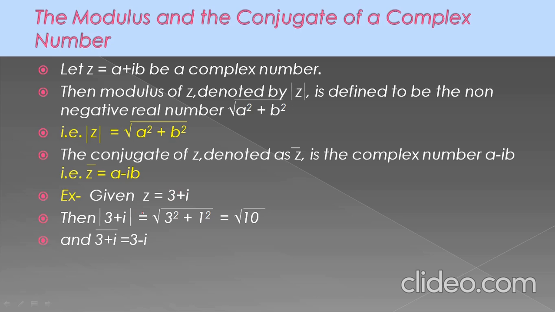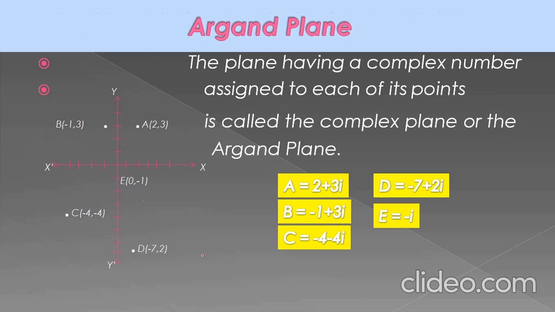So mod of 3 plus iota will become under root 3 square plus 1 square, that will be equal to 9 plus 1, that is square root 10. And the conjugate of 3 plus iota will become 3 minus iota. In place of iota, we will put minus iota. So this is the modulus and conjugate of a complex number.